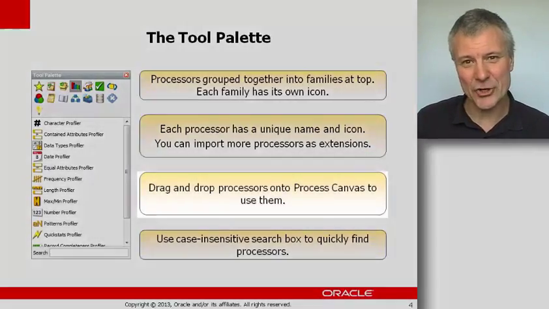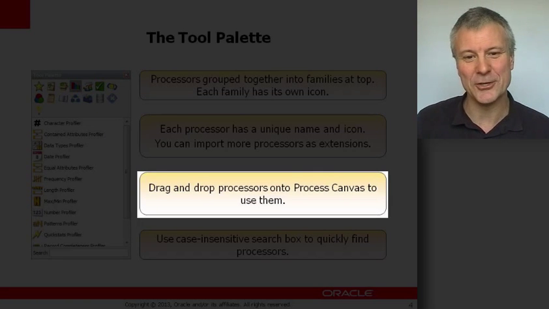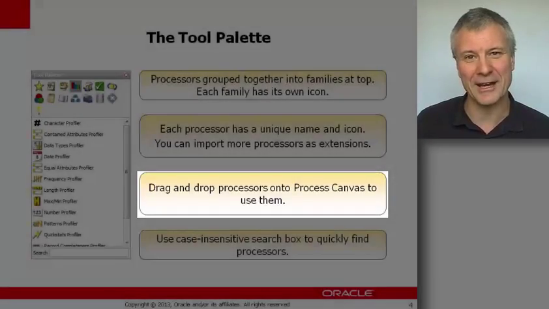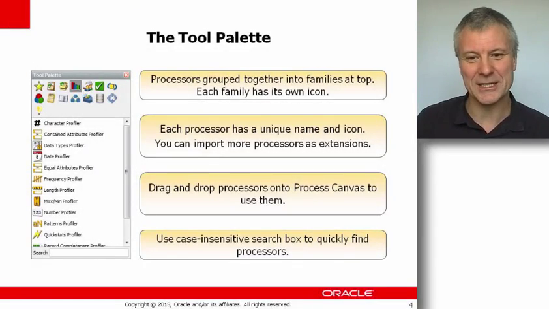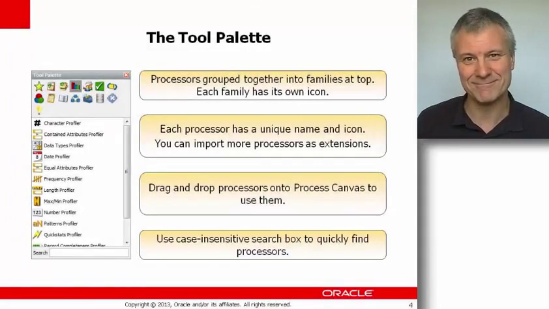You just drag and drop processes from the tool palette onto the process canvas, and that's how you create your EDQ processes. And we'll do much more of that as we go through the training. And remember, there is a search box at the bottom of the tool palette which allows you to search for processes rather than look through the families if you'd like to do that.